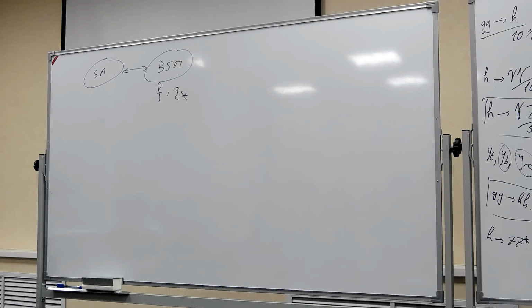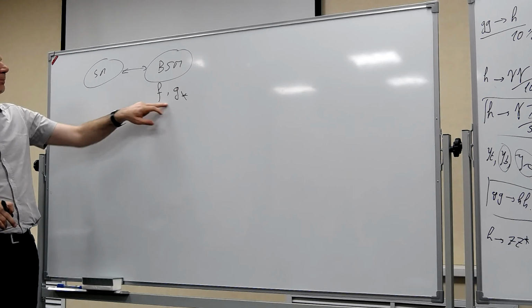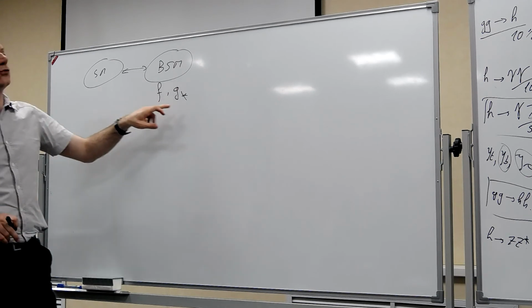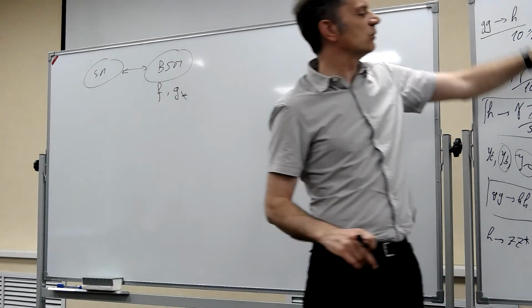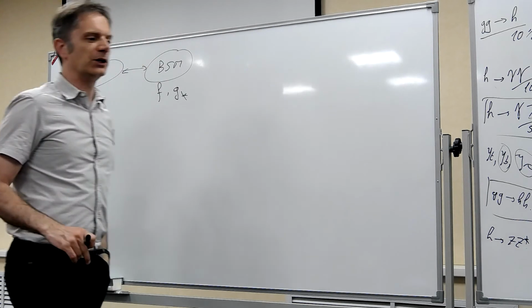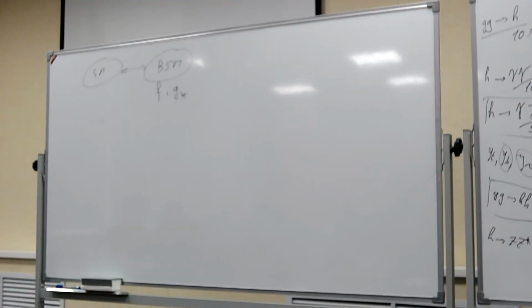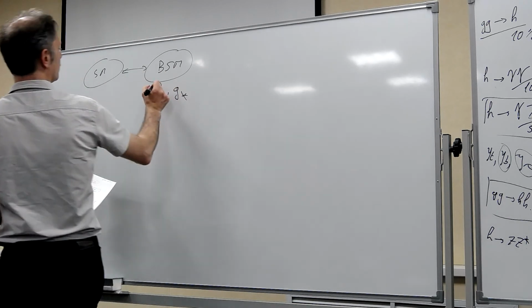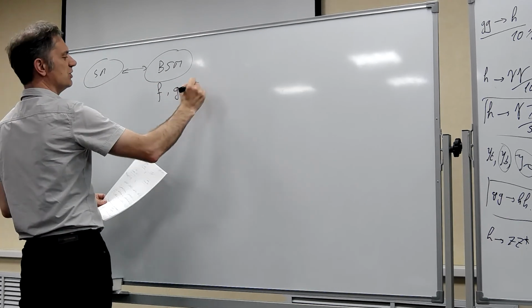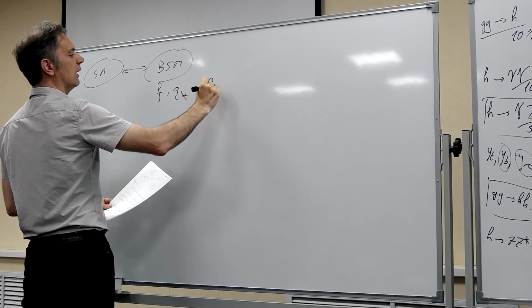So you expect this dimension 6 operator to be suppressed by 1 over f squared. And of course, if g star is large, larger than 1, having a suppression of 1 over f is much better than having a suppression of 1 over the masses. So this means that it's really a strong operator in the limit of strong couplings.